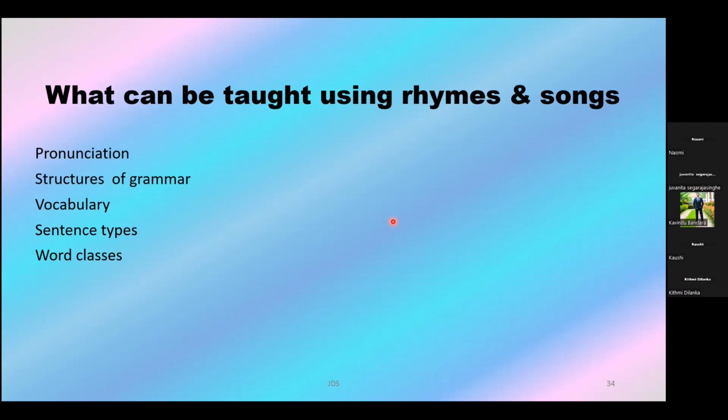Gestures, right? Body language. You can't just stand still and sing a song. There should be some kind of body language involved in it, right? So gestures related to the content or facial expressions. All of them are part of communication. It's a part of language.